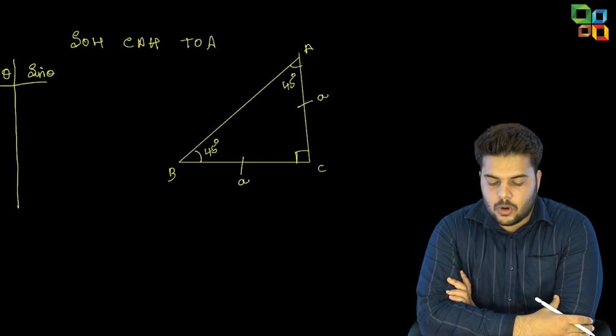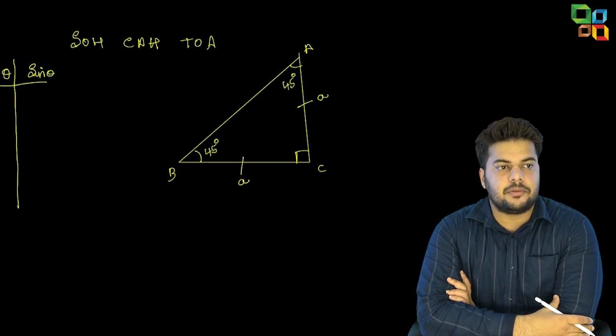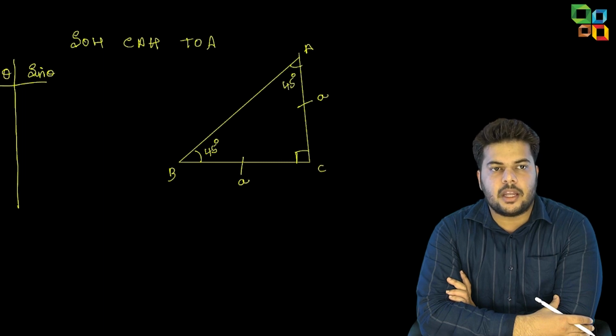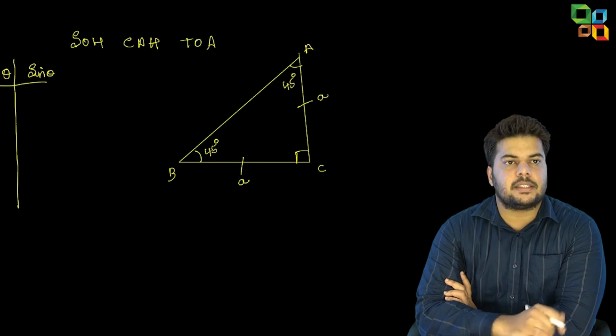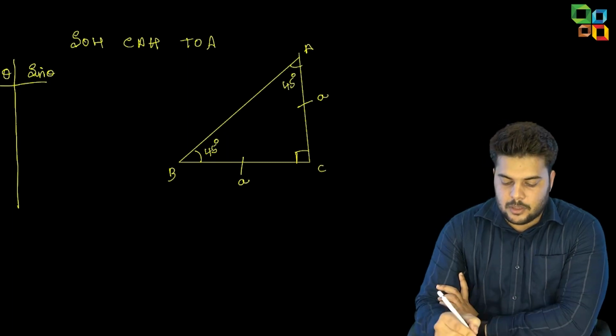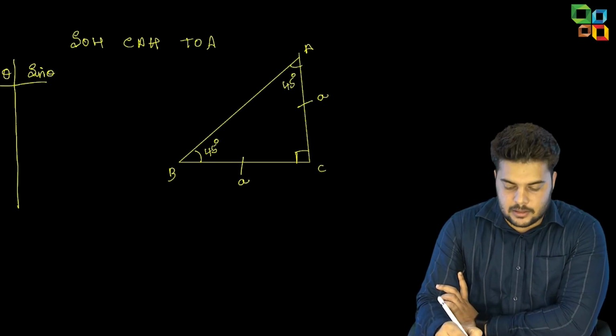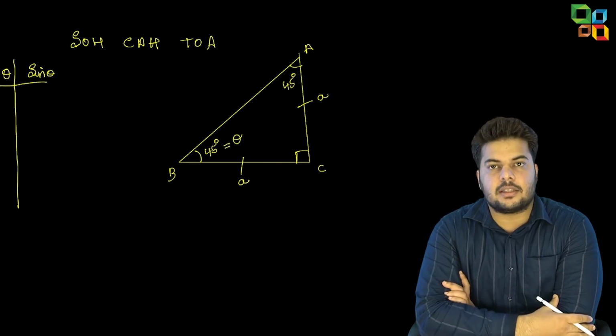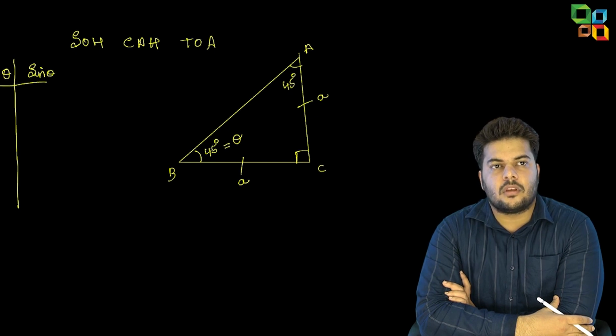Now the question is, what is the length of the hypotenuse? Why do I care about the length of the hypotenuse? Because I want to find sine of the angle theta. Let me call one of these angles theta. It doesn't matter which one, both are 45 degrees. So what is sine theta? Opposite by hypotenuse.